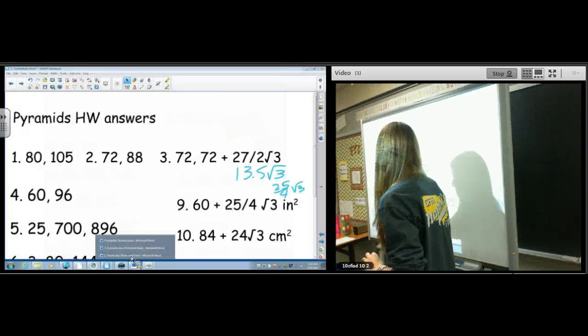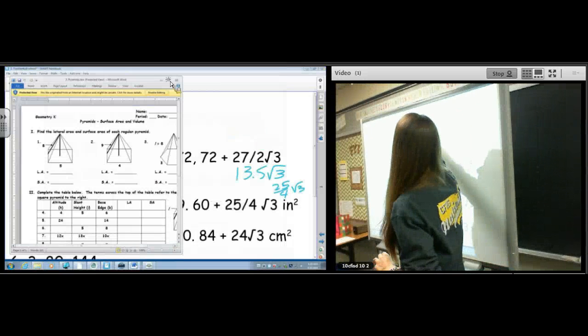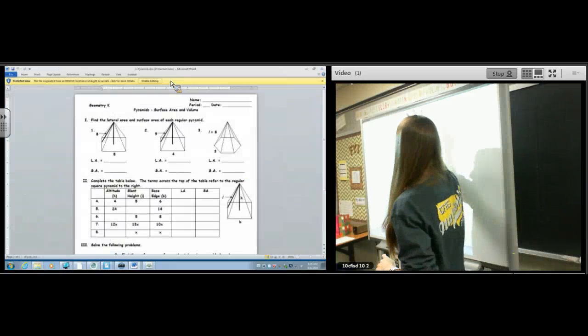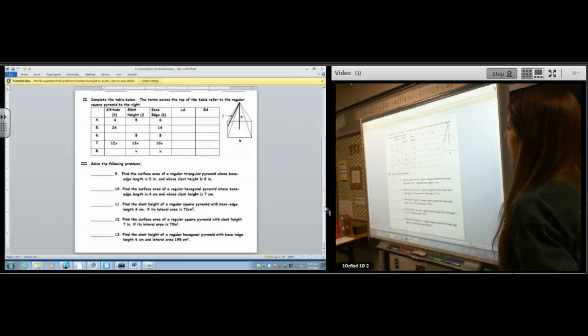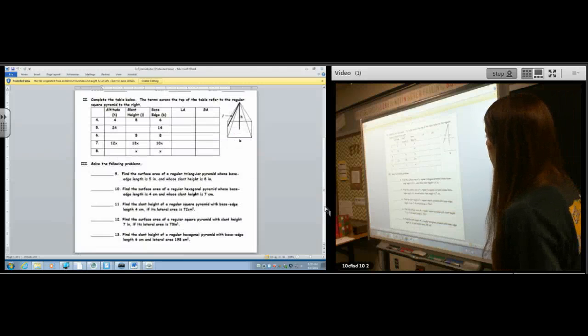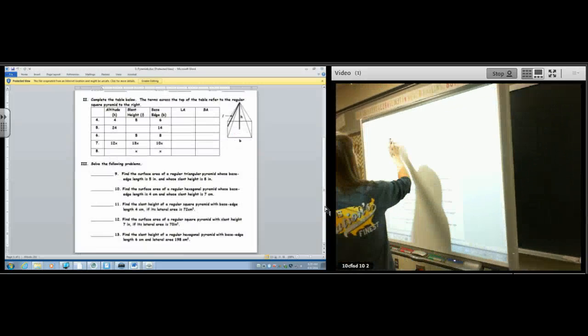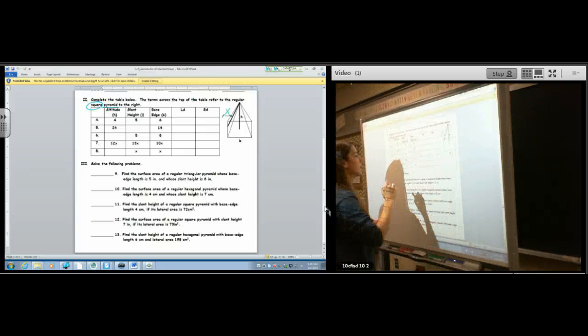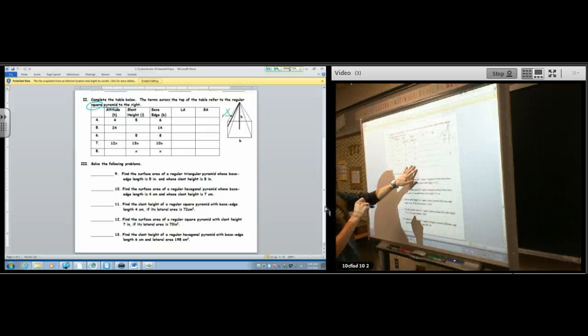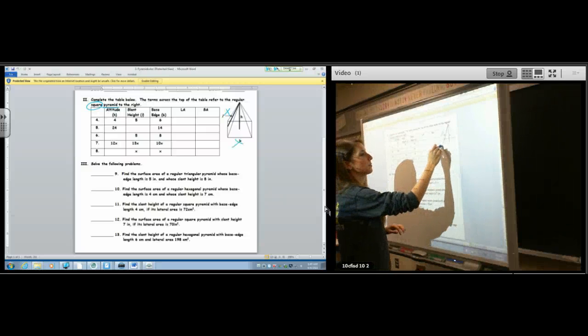Looking at number 8, this one's challenging because it's got x in it instead of numbers, but that's okay. We do know that this is a square pyramid, so that's good to know. And we know that the slant height is x, and the base edge is x.